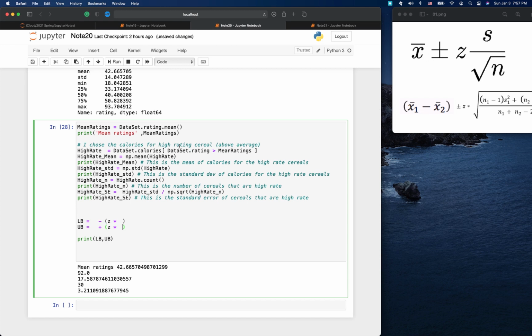I have the mean calorie plus and minus Z, which is equal to 1.96 for the 95% confidence level confidence interval.